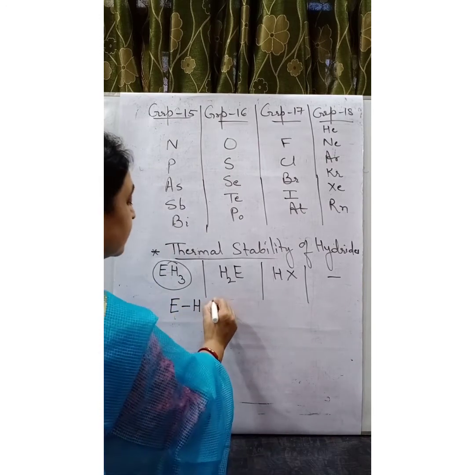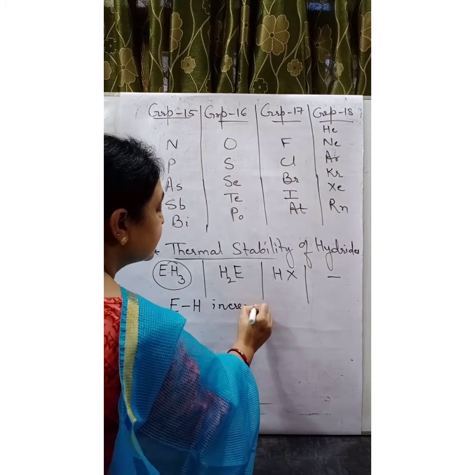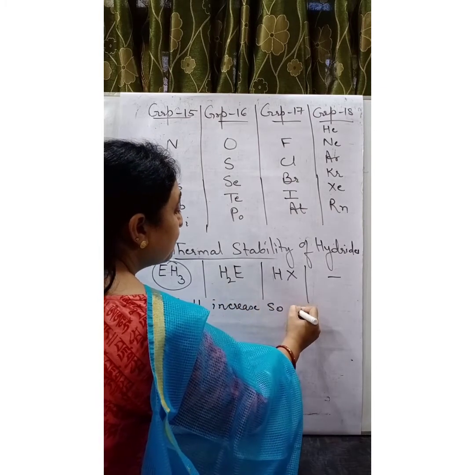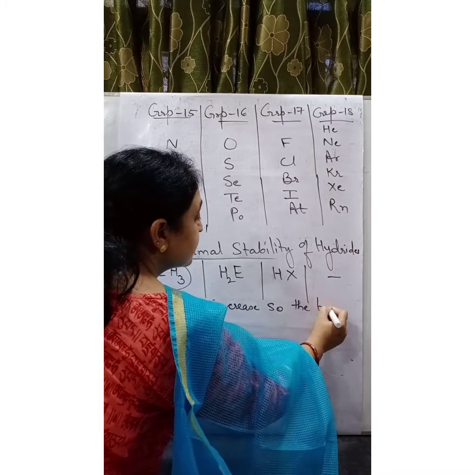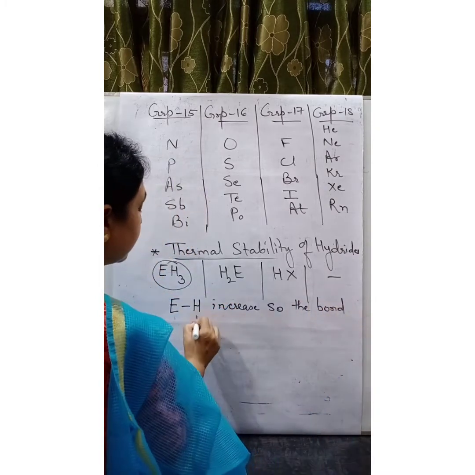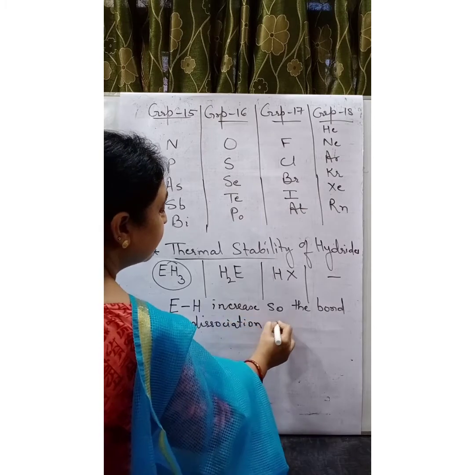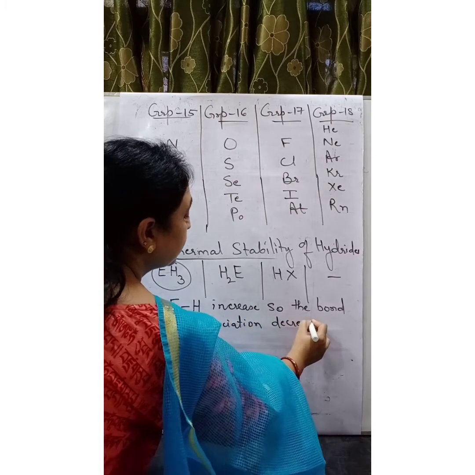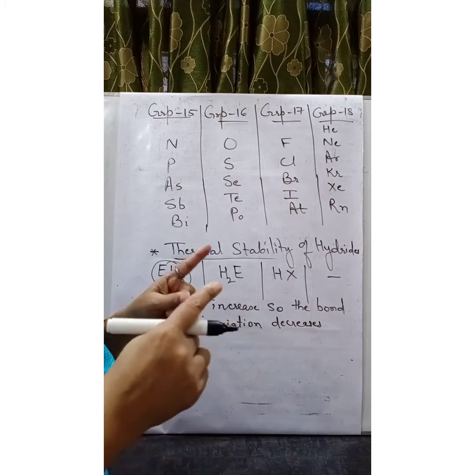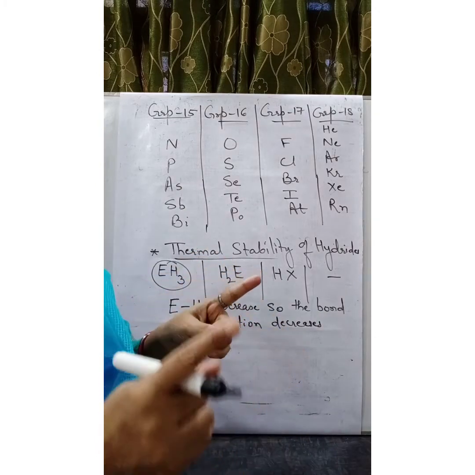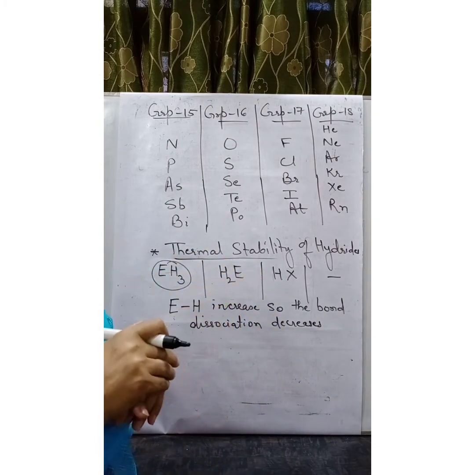So the bond dissociation enthalpy decreases. What does this mean? As the length of the bond goes on increasing, less and less energy is required to break the bond.